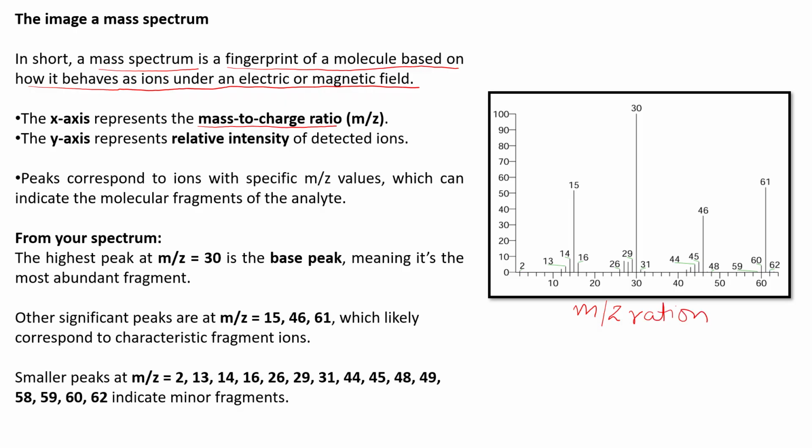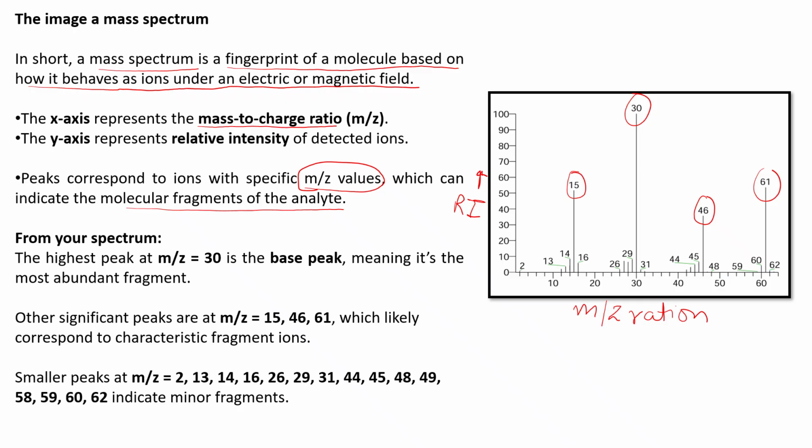And the y-axis represents relative intensity of the detected ions. Now each peak corresponds to ions with specific m/z values, which can indicate the molecular fragments of the analyte.